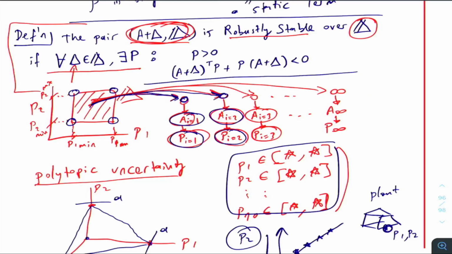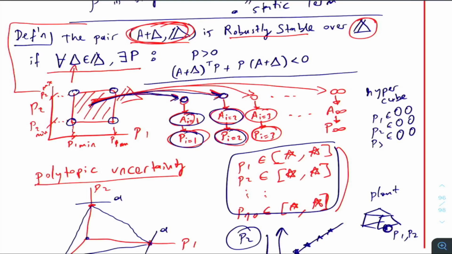Here the finite cases are this: I'm only talking in this video about the hypercube case. Let's say we have parameters 1, 2 and 3, so we have three parameters. You will have p1 min, p1 max, p2 min, p2 max, and also p3 min and p3 max. You know these numerical values.